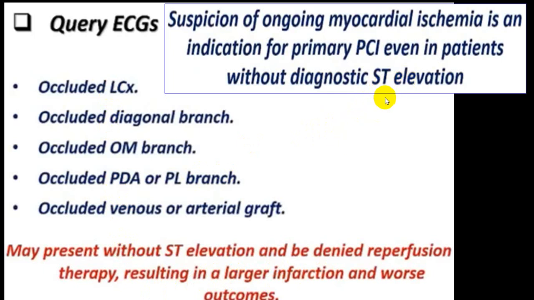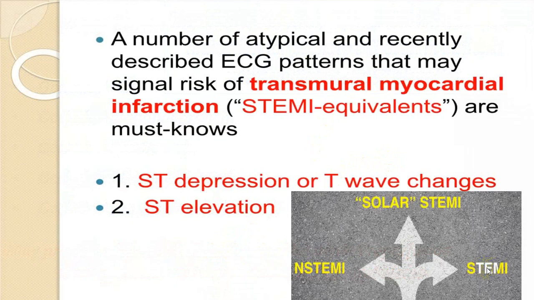We call ST changes, maybe elevation or depression, with no classical diagnostic criteria, and they will end up with acute MI, which may be lethal, and you will have a worse outcome. So always pay attention to that.